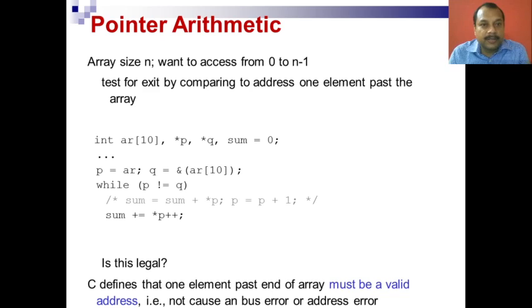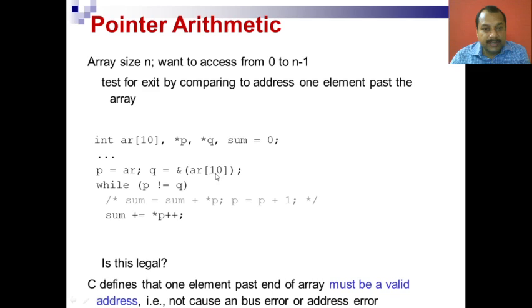More on pointer arithmetic. If the array size is n, the valid indices to access are 0 to n minus 1. Test for exit by comparing to the address one element past the array. So here first I am declaring the array AR[10], then *P, *Q, sum = 0, P = AR, Q = &AR[10].